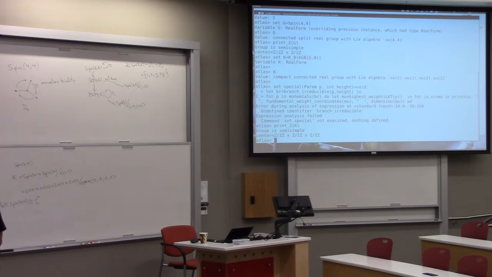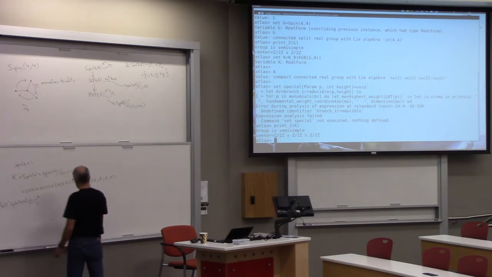K is the maximal compact subgroup. You can also give P of a Cartan decomposition, which is just the two-dimensional representation of SU2 to the 4th tensor power, right?